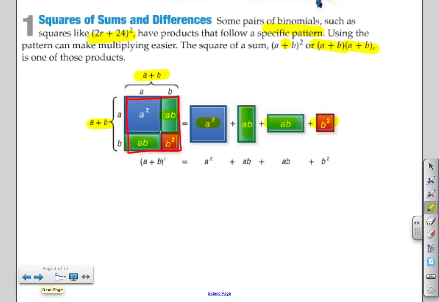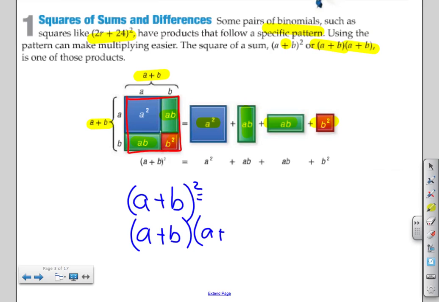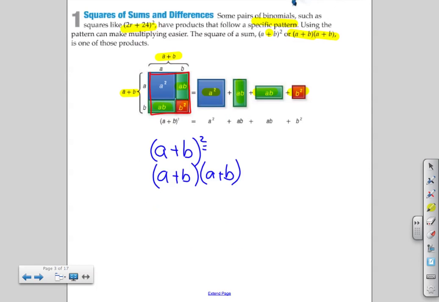So if I have a plus b to the power of 2, which is a plus b times a plus b, that's the same as a times a is a squared, and a times b is ab, and b times a is ab, and b times b is b squared.